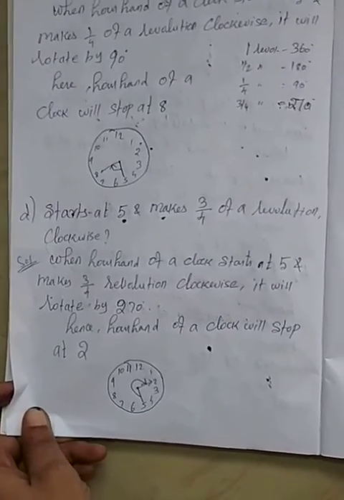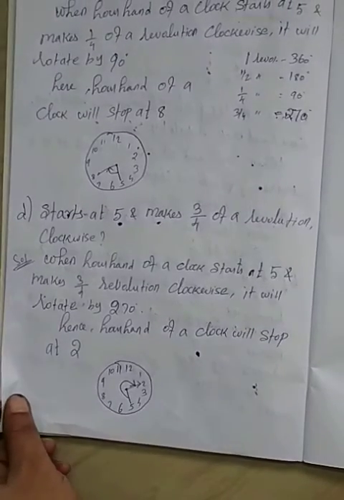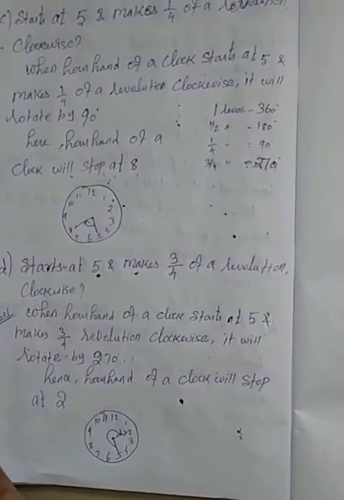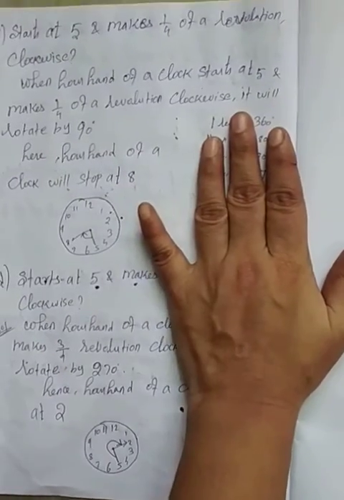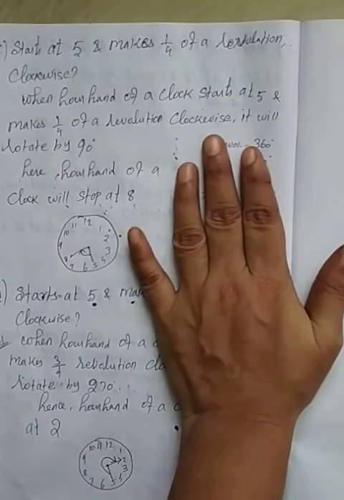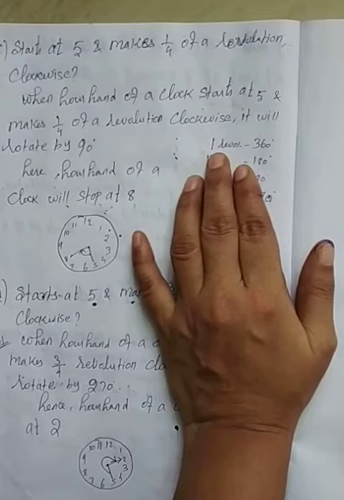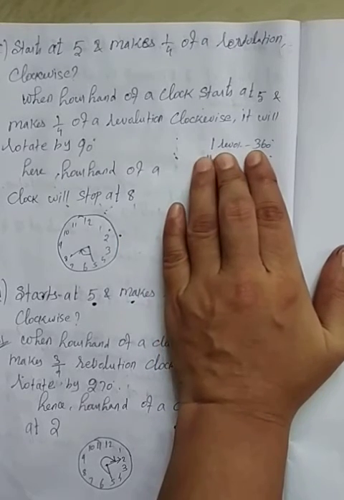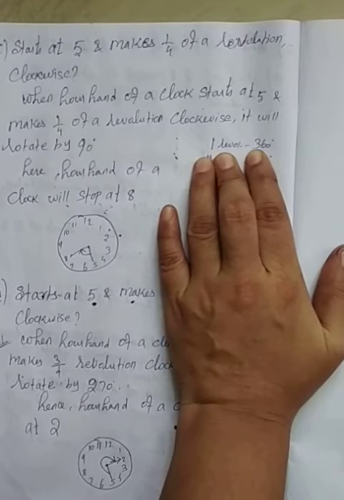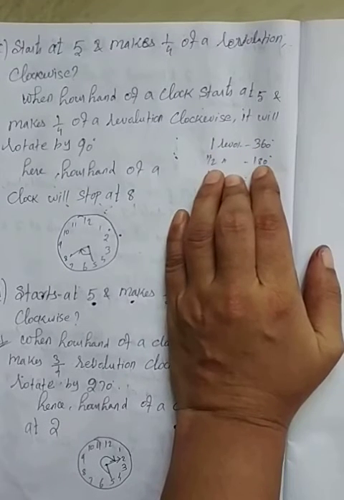See, this is a very interesting problem. First of all, you have to memorize it. Okay, not memorize, first you have to understand. After that you have to fix it in your mind. See here, one revolution means 360 degree. Half revolution means 180, that means a straight line.